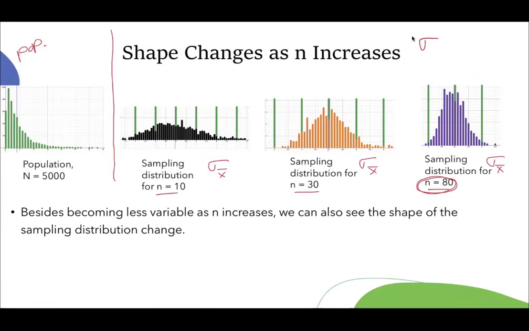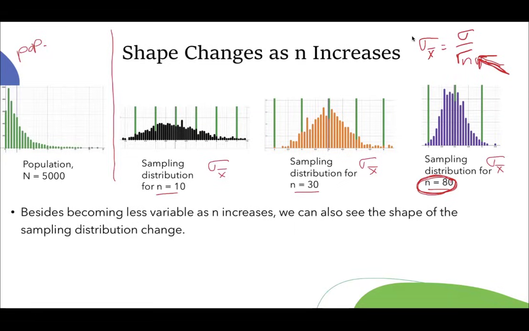Let's look at the mathematics of this formula here. When you put a large denominator into a fraction, the whole fraction decreases. So when we put n equal 80 as opposed to n equal 10 into this formula, the fraction decreases, the value decreases.